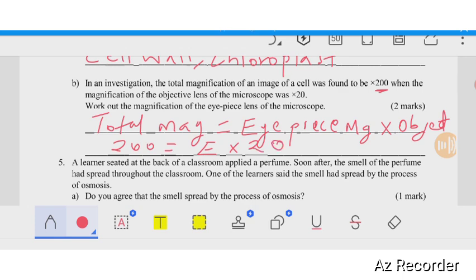So to get the eyepiece lens magnification, you divide both sides by 20. So this 20 and 20 will cancel, leaving E on that side. Then finally 20 will go into 200 10 times. So your eyepiece lens magnification, which I have abbreviated as letter E, will be equal to times 10. Putting the times is very important. If you forget it, you are cooked.